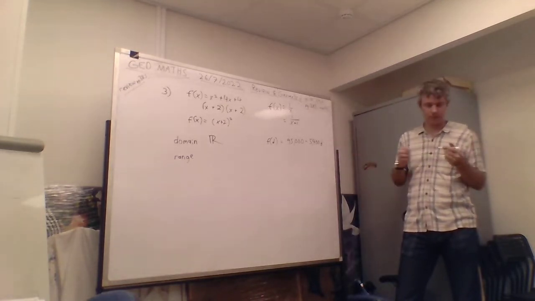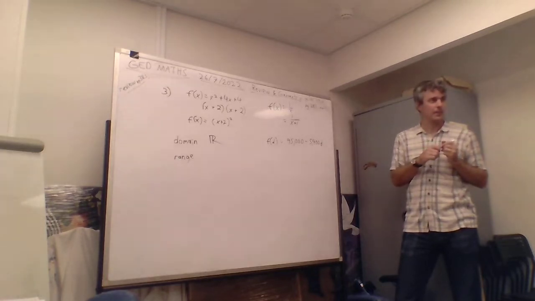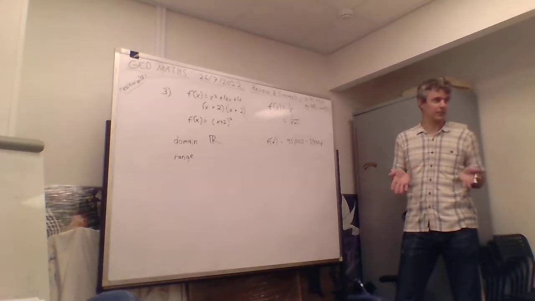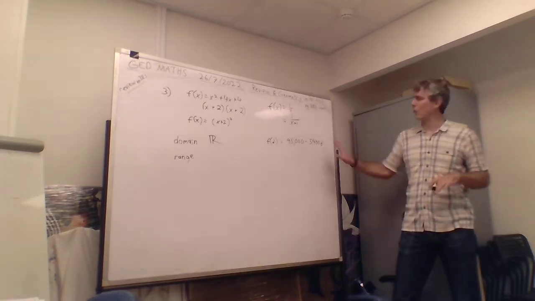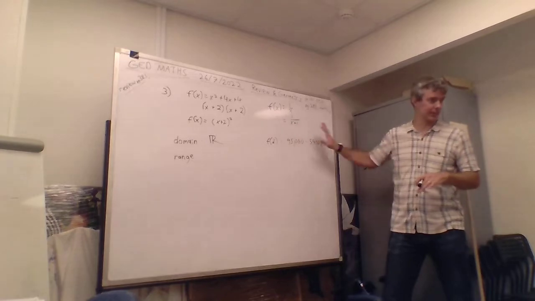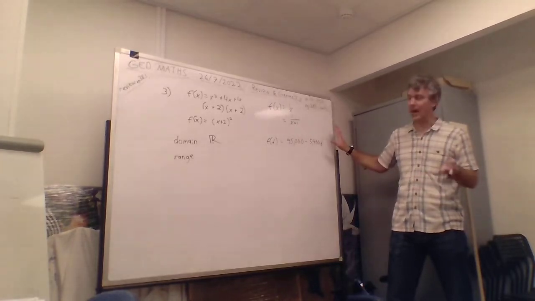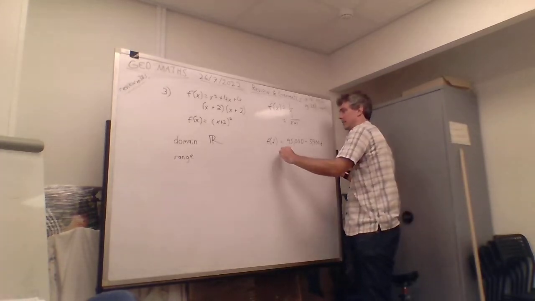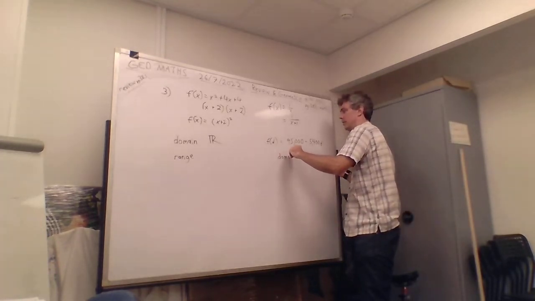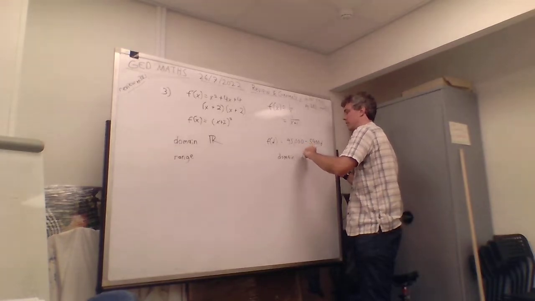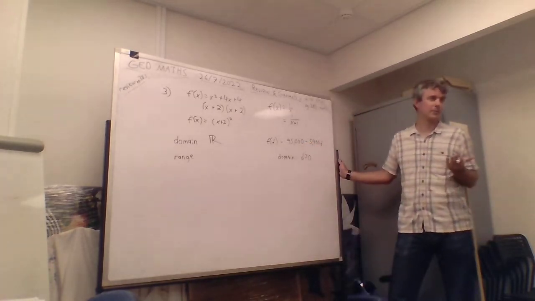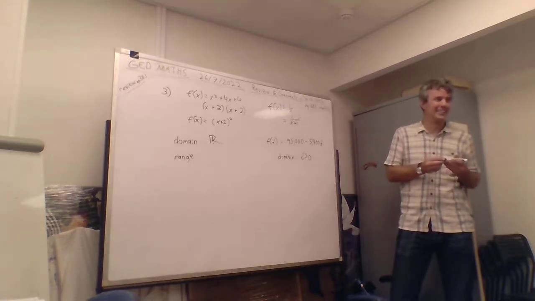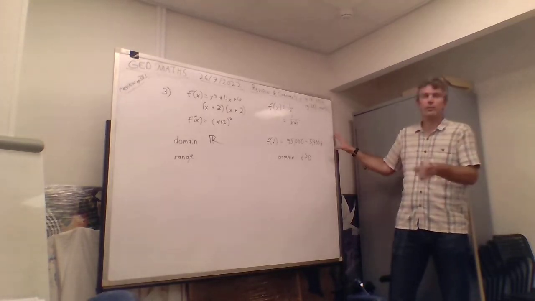In this problem, we're talking about days, so days have to be positive. Mathematically, it will work for anything, but by the problem you've been given, the domain is d is greater than 0. We can't have negative days. We can't go back in time.